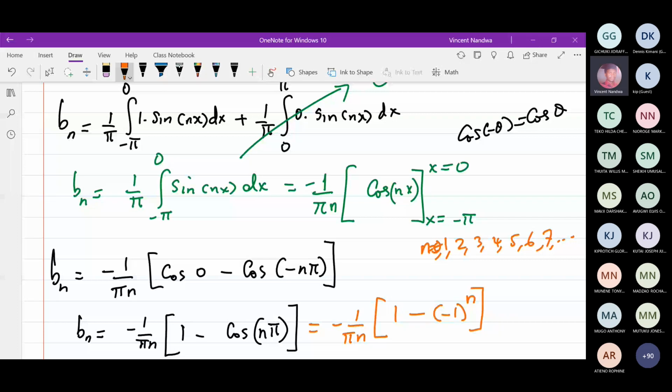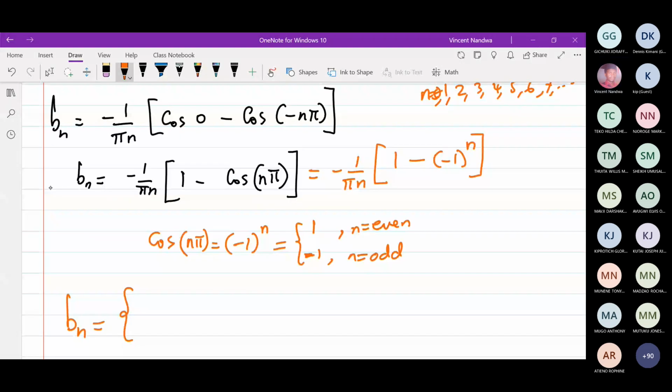So Bn, when n is an even number, what will be the answer inside the bracket?